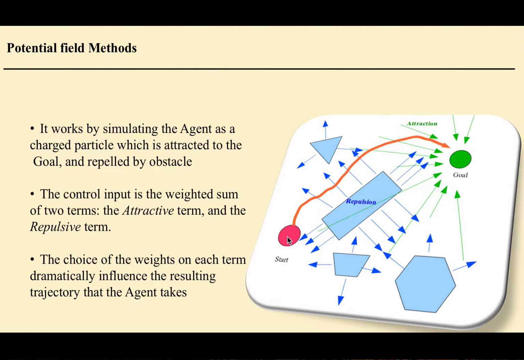To control this object, the control input is the weighted sum of two terms, the attractive term and the repulsive term. This way we ensure that the robot will follow its path and get to the goal without colliding with obstacles.